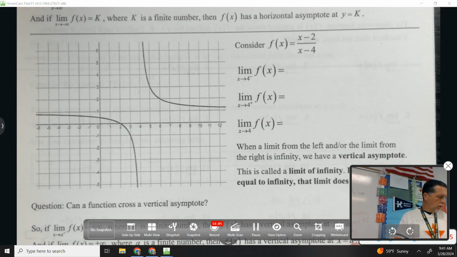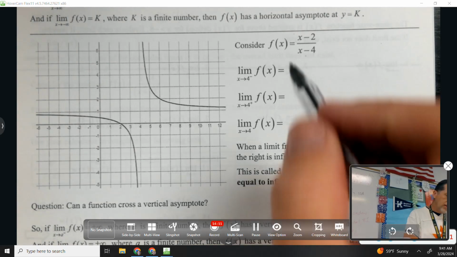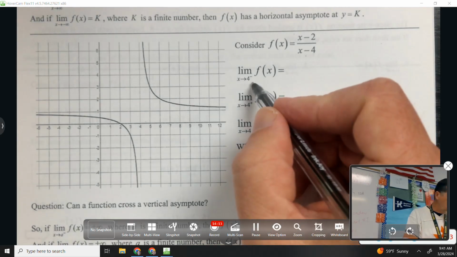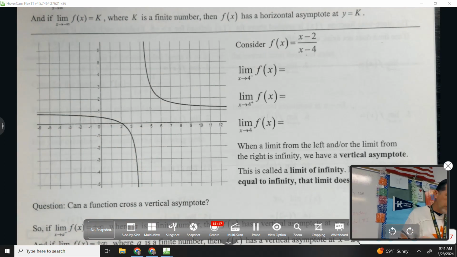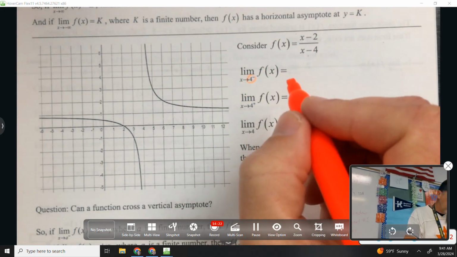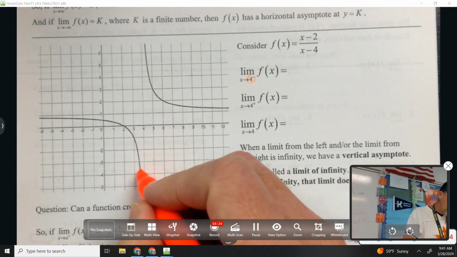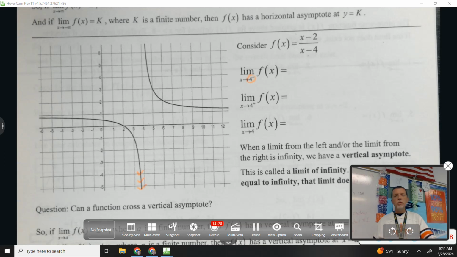Okay, some more practice problems here. Consider this graph. There's the graph. Limit as x approaches 4 from the left. Ooh, we better be careful here. 4 on the left side of 4, so that would be down here. We haven't done one of these, but what do you think that answer is?